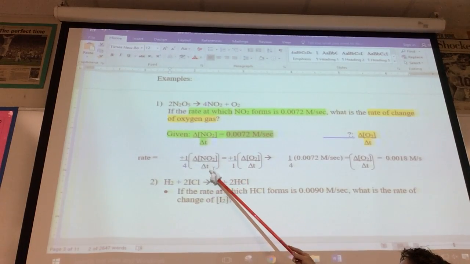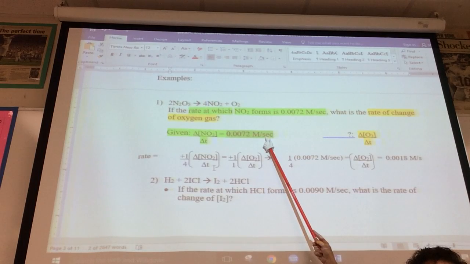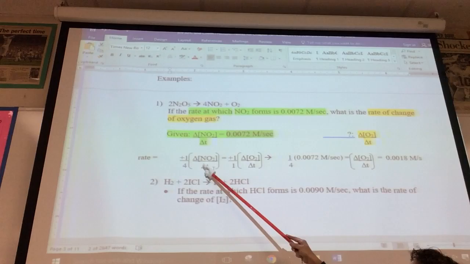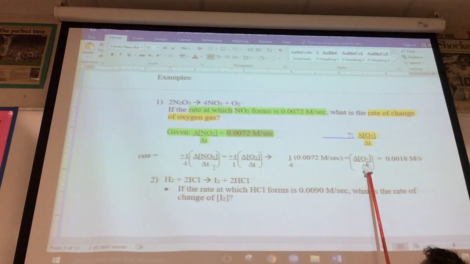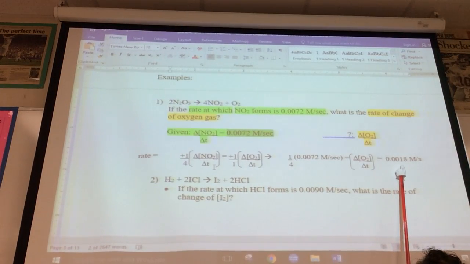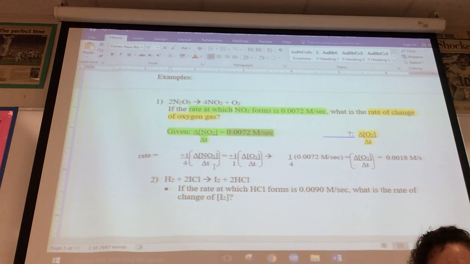This replaces the whole fraction, because this is molar per second. Be careful, a lot of kids get confused. So we're going to plug this in for this whole piece. And then 1/4 of this is equal to this, because 1 over 1 is, of course, 1, is 0.0018 molar per second. Let's take a look at a problem from scratch so we can see what's going on.